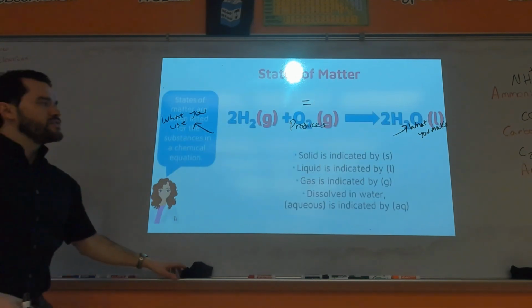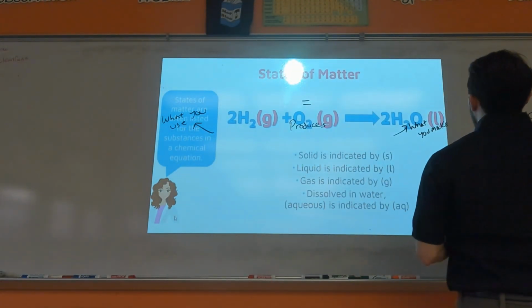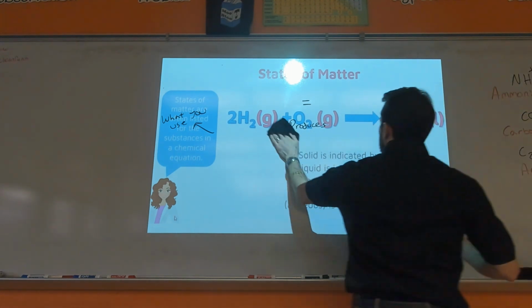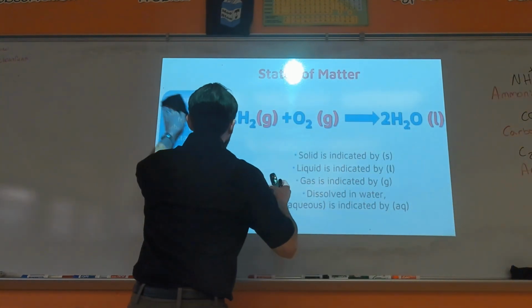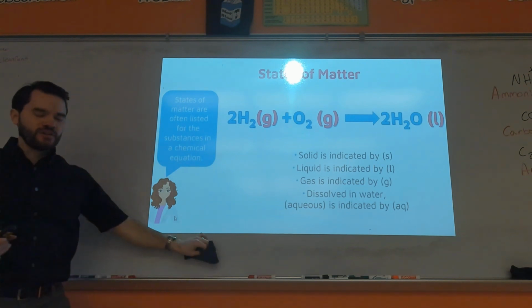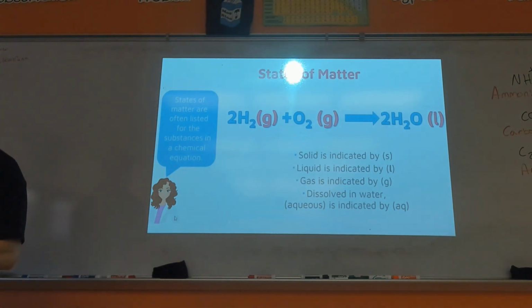All right, so moving on, we have states of matter. This might be a little newer to you, but I'm hoping they talked about this in 8th grade. You should appreciate that there are states of matter: solid, liquid, gas. Last class we talked about solutes, solvents, and solutions.